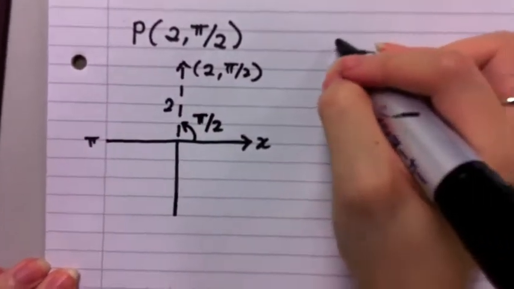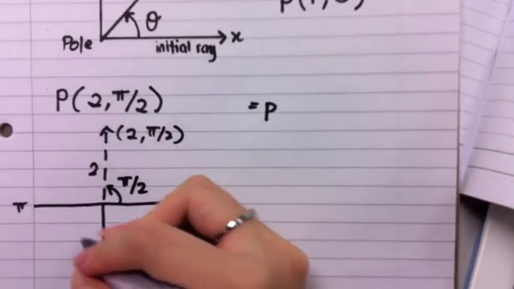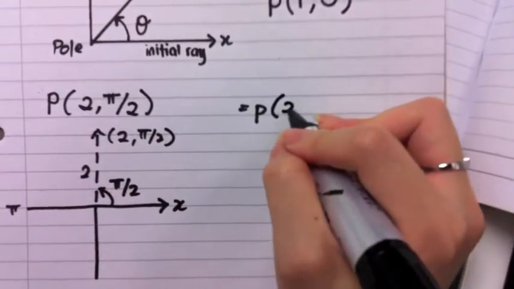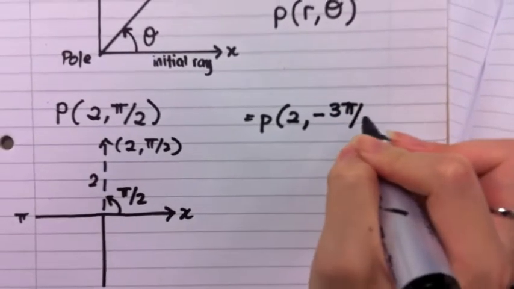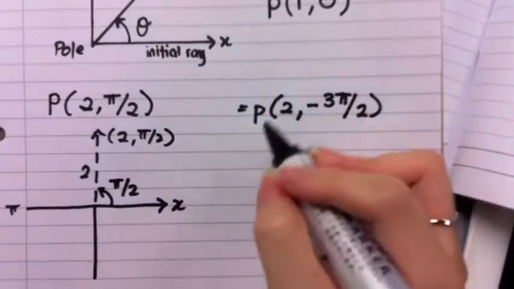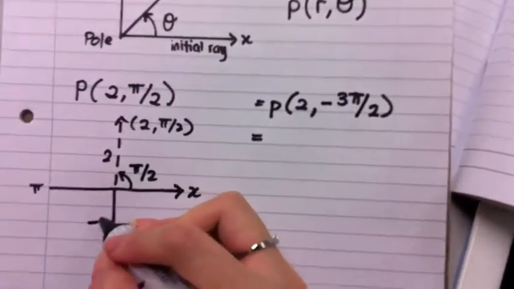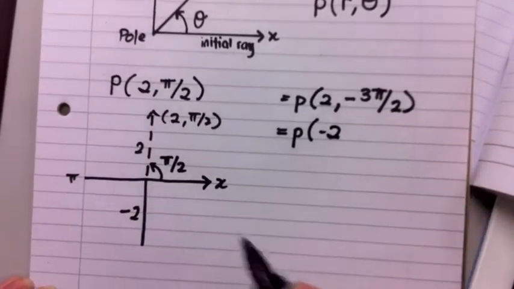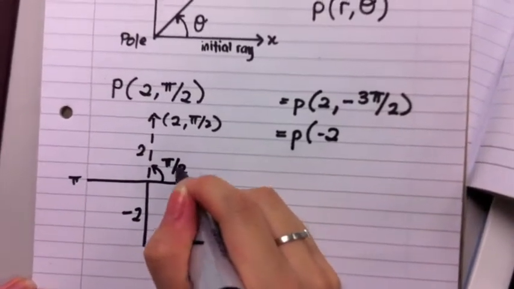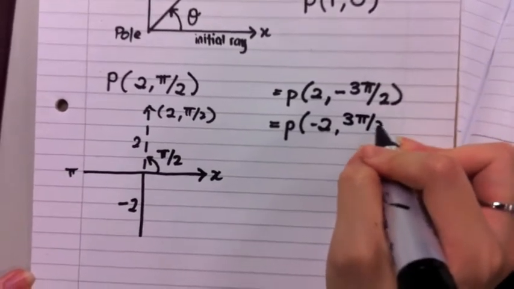You can also write this as 2, but going the opposite way, so it's negative 3 pi over 2. You can also flip it over and put this as negative 2, and starting from here it will be positive 3 pi over 2.